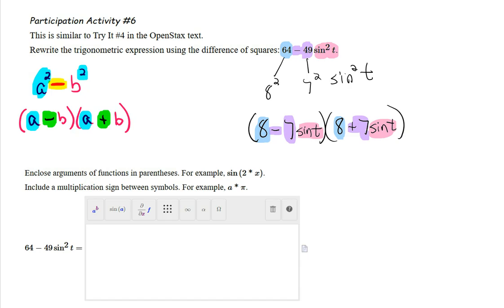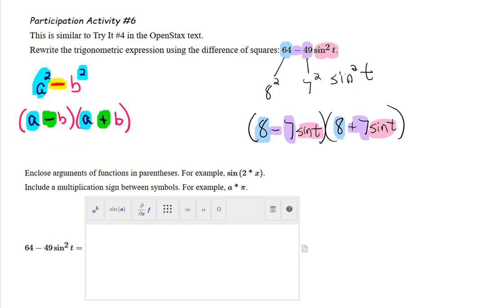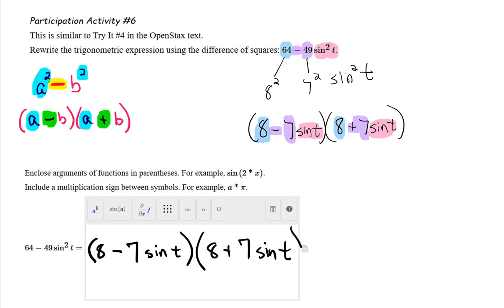Which, you know, I got that. And then I go to put it into Mobius, and I had all sorts of problems because it was picky. Mobius says, okay, so I typed in a parenthesis and an 8 and a minus, and then a 7, and at first I just typed in sine t, close the parenthesis, and then I did 8 plus 7 sine of t, and Mobius is like, that's wrong.